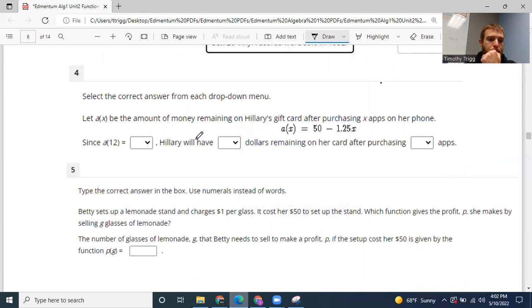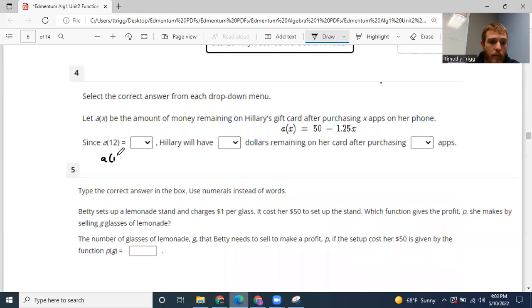Okay, number 4. Let A of x be the amount of money remaining on Hillary's gift card after purchasing x apps on her phone. A of x equals 50 minus $1.25 times x. In other words, each app costs $1.25 here. Since A of 12 equals blank, to find A of 12, what you're going to do is replace x with 12.